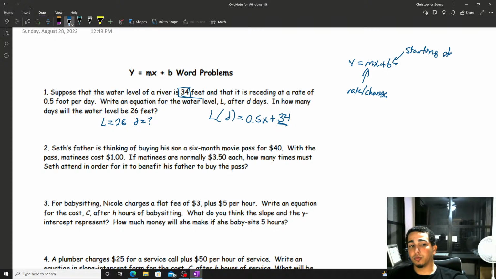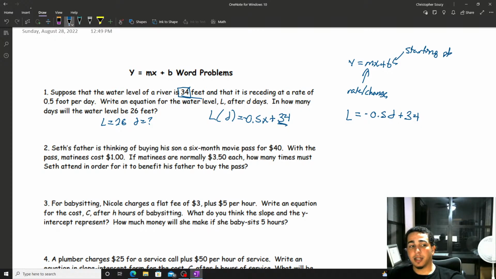So our rate of change will be negative 0.5 feet per day because it's receding by this much each day. And we get our equation L equals negative 0.5 D, the number of days, plus 34. So this is the equation.